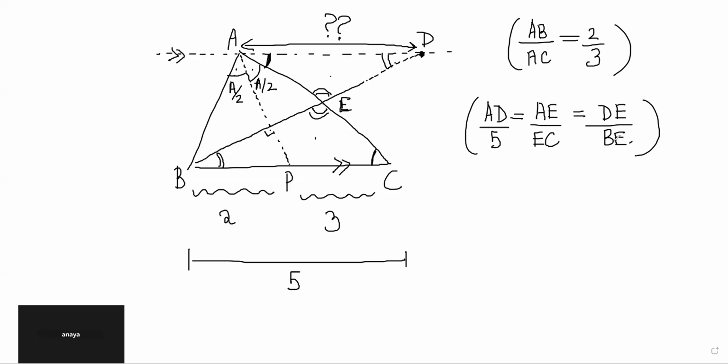So we need one of these ratios, either AE by EC or DE by BE. If you can find these ratios, then AD comes automatically.